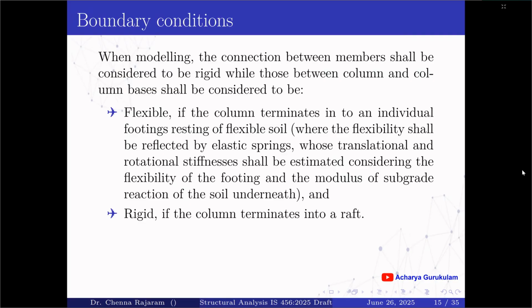If the column terminates into an individual footing resting on flexible soil, the flexibility shall be reflected by elastic springs, whose translational and rotational stiffness shall be estimated considering the flexibility of the footing and the modulus of subgrade reaction of the soil underneath. And the second one is rigid, if the column terminates into a raft.